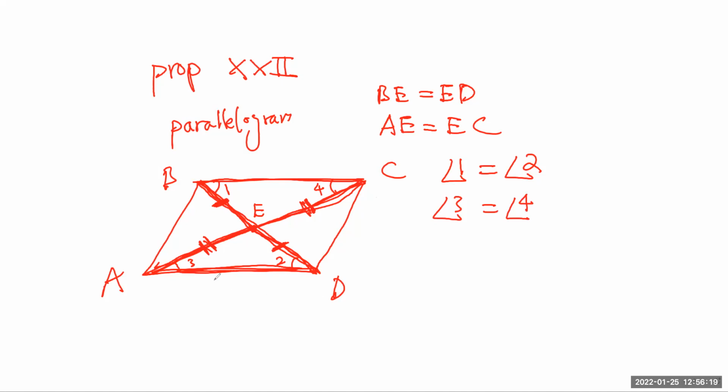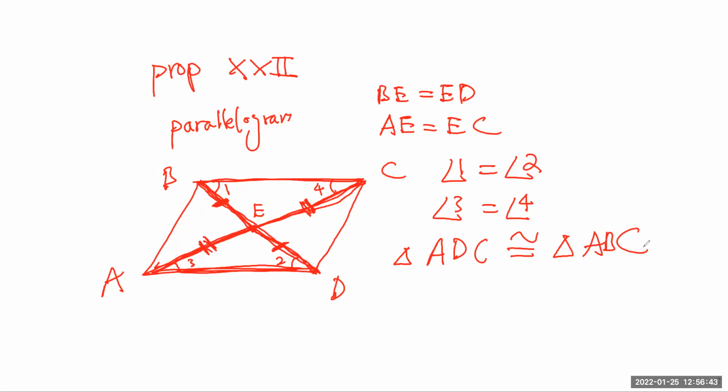Now we just need to prove one side. We're going to use the previous theorems, something we already proved. Remember what we proved before is that triangle ADC is congruent to triangle ABC, right?